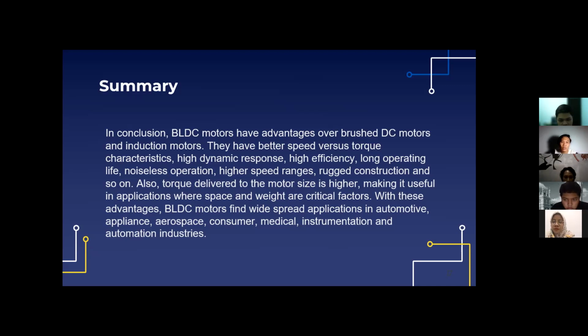Also, the torque delivered relative to motor size is bigger, making it useful in applications where space and weight are critical factors. With these advantages, BLDC motors find widespread application in the automotive, appliance, aerospace, consumer, medical, instrumentation, and automation industries.